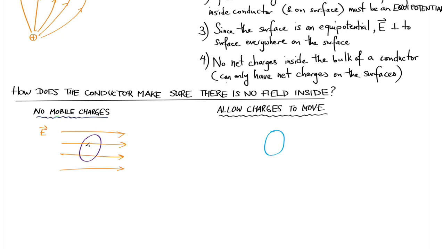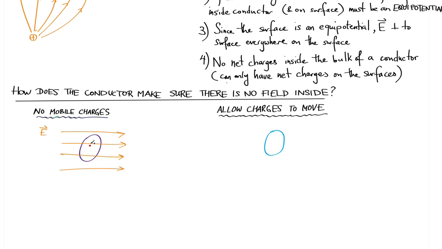So you have charges inside, and the charges will be accelerated. For instance, if you had an electron here, and I'm basically talking about the process by which the conductor makes sure there is no field inside.